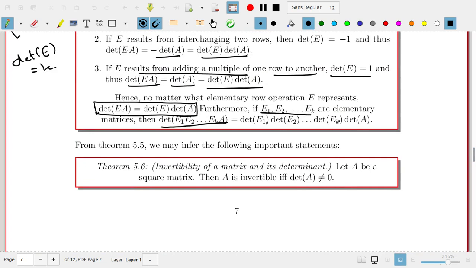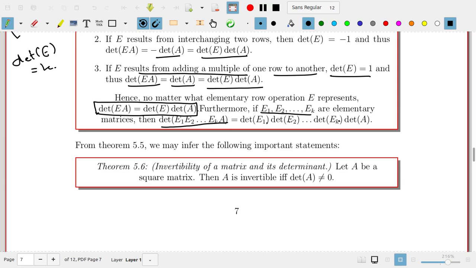The first thing we do is look at the invertibility of a matrix and its determinant. If A is a square matrix, then A is invertible if and only if the determinant of A is not equal to 0. That is, if A is invertible, then the determinant of A is not equal to 0, and if the determinant of A is not equal to 0, then A is invertible.